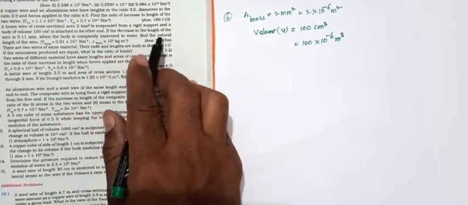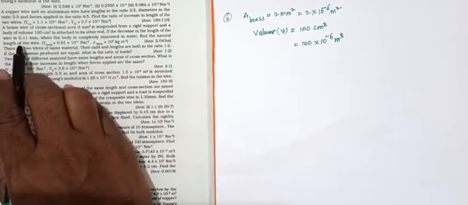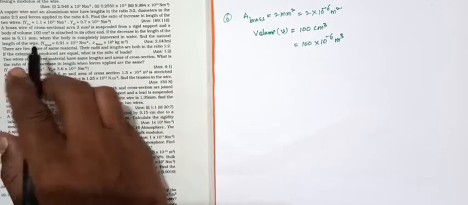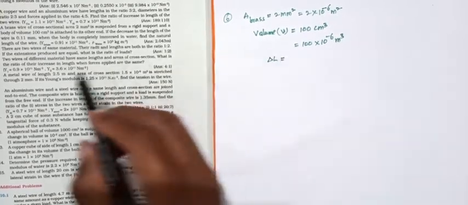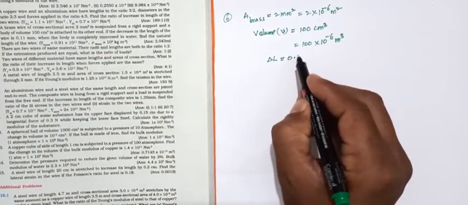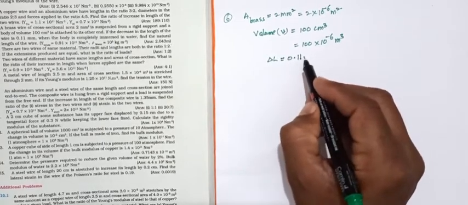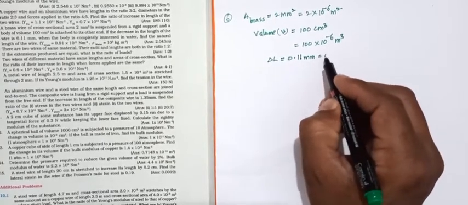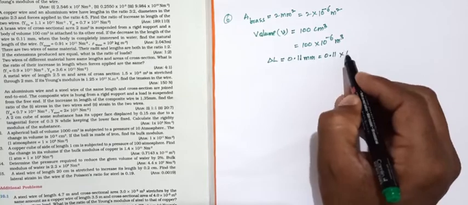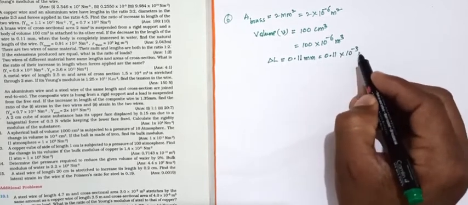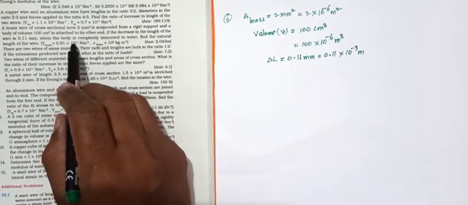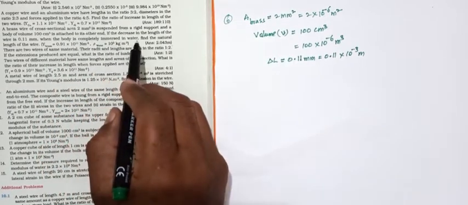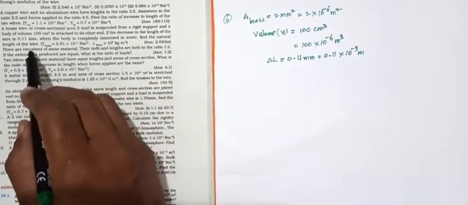If the decrease in length of the wire is 0.11 millimeter, that equals 0.11 into 10 to the power of minus 3 meters, when the body is completely immersed in water, find the natural length of the wire.